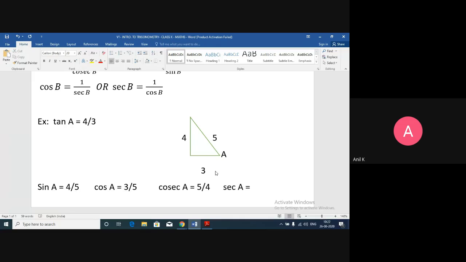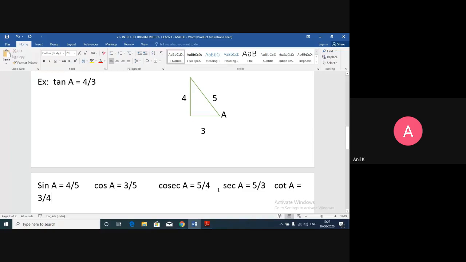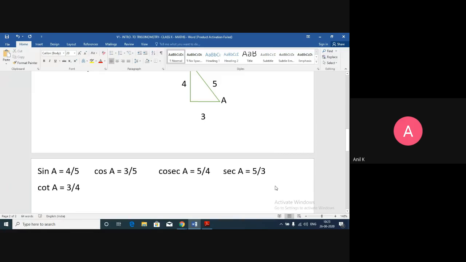Second, you can go by the formula. Sec is the reciprocal of cos. Cos is 3 by 5, so sec will be 5 by 3. Next, finally, cot A. Cot is the reciprocal of tan. Tan is 4 by 3, so cot will be 3 by 4. This is the reciprocal. So this way also we can solve it.